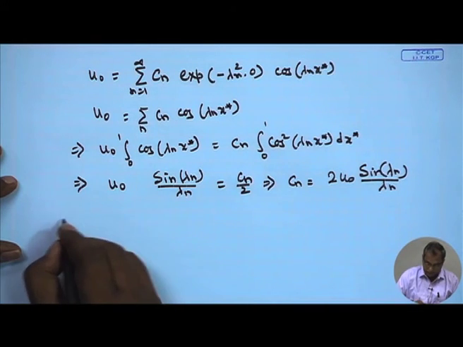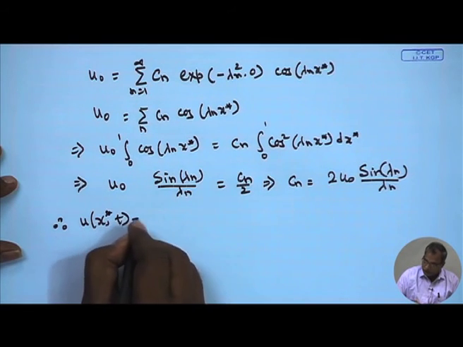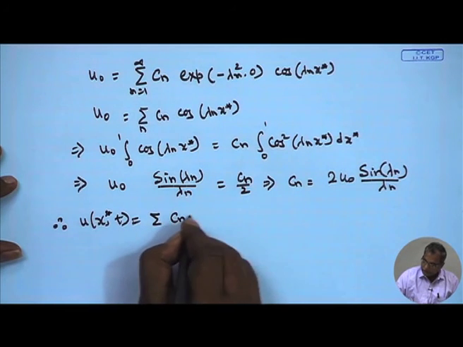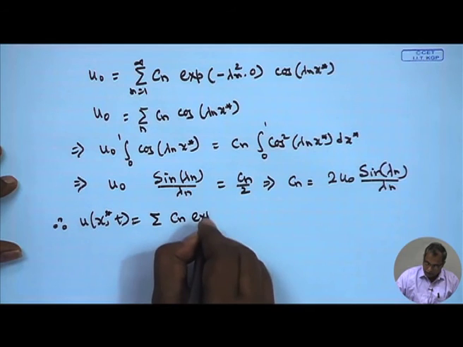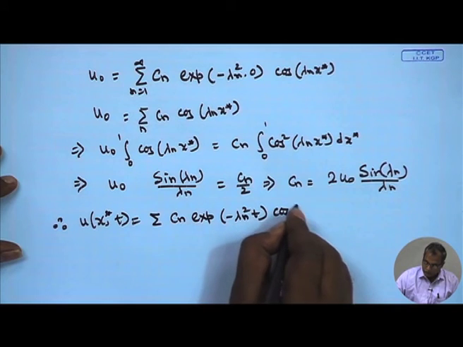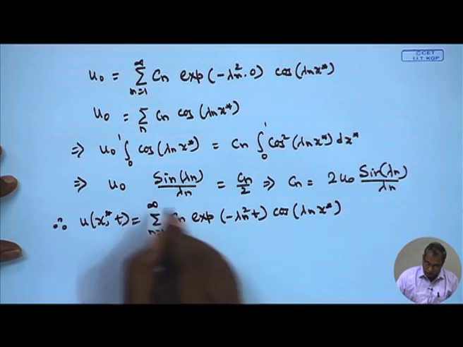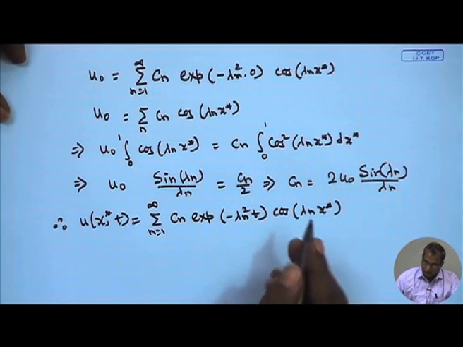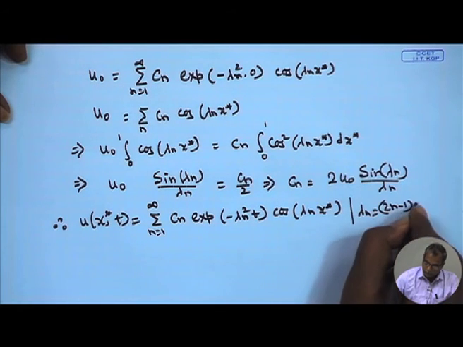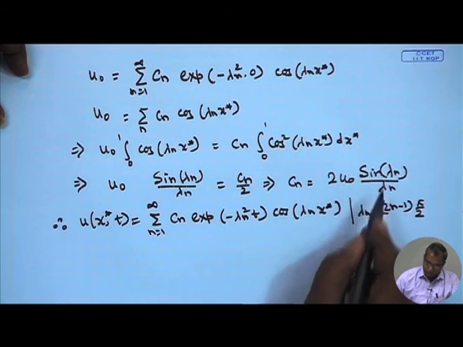So, the complete solution is u of x star and t will be summation of c n exponential minus lambda n square t cosine lambda n x star, where n is equal to 1 to infinity and lambda n is 2n minus 1 pi by 2, and c n is 2 u naught sine lambda n divided by lambda n.